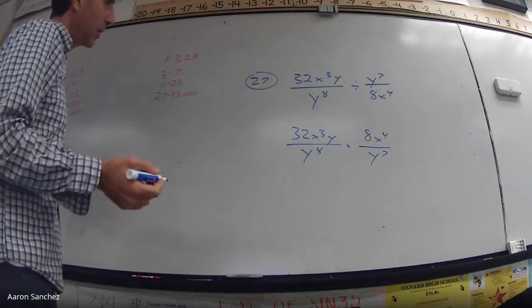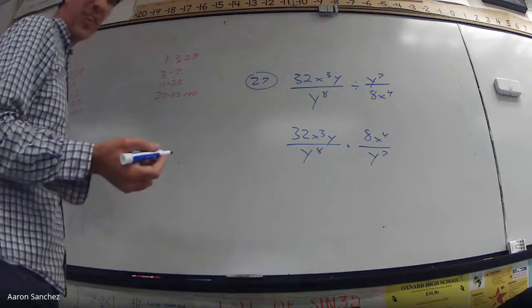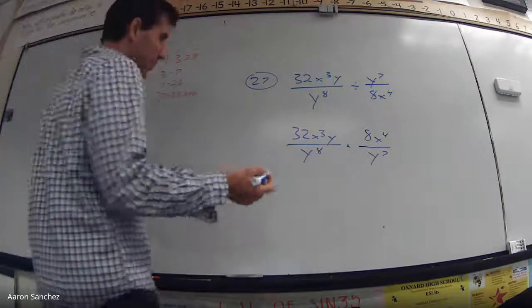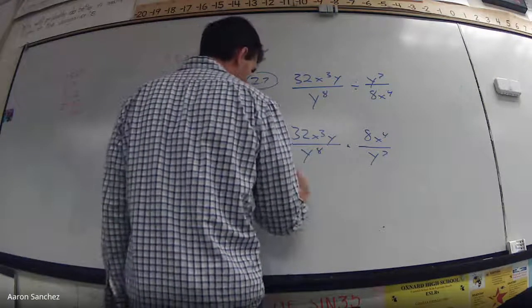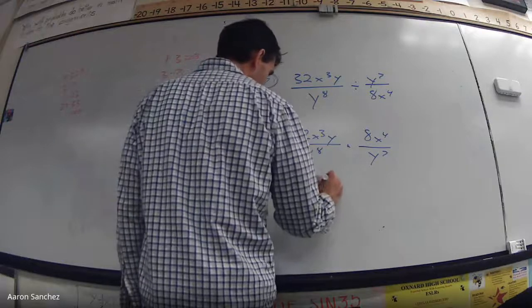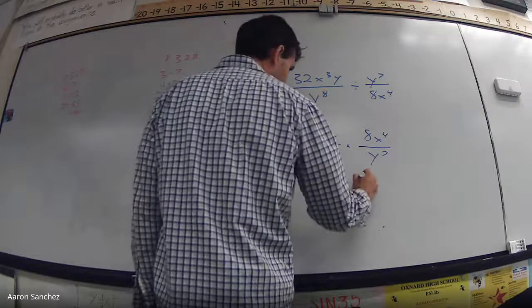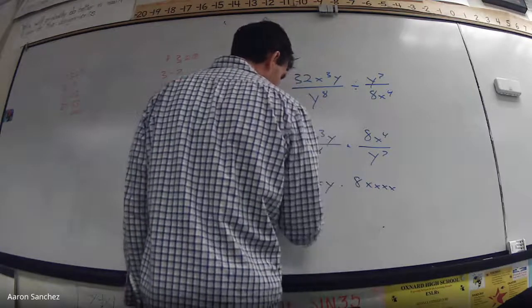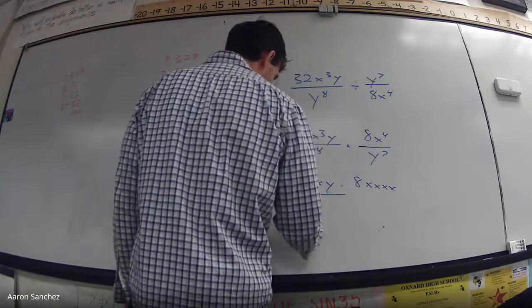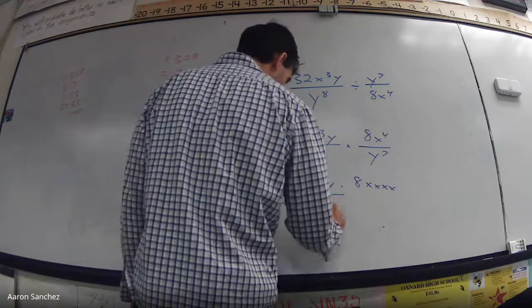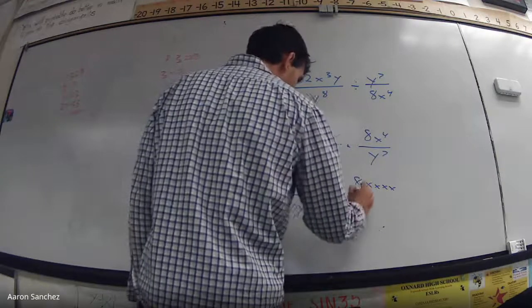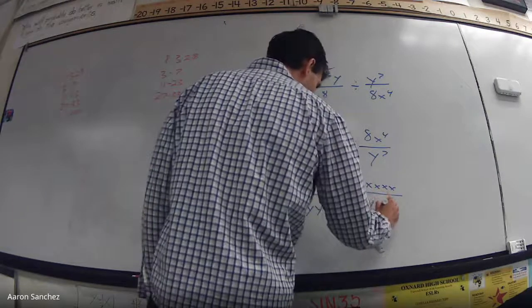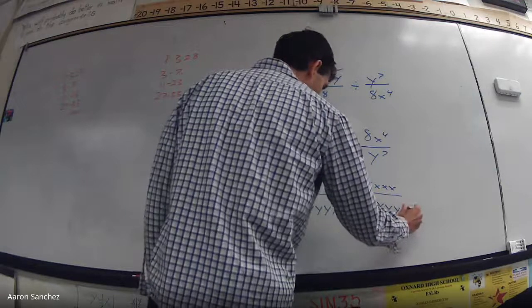Now let's factor it. You don't need to factor it, but I'm just going to do it. I'm going to write this as 32 times x times x times x, times 8 times x times x times x times x, all over y eight times, over y seven times.